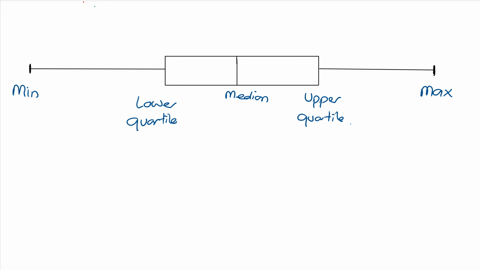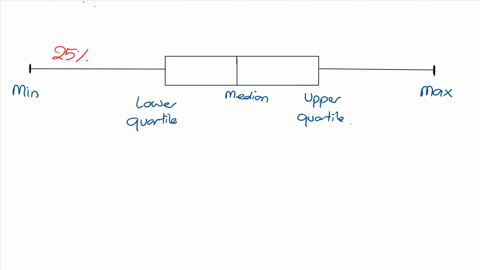In the box and whisker plot, from the minimum to the maximum, that is 100% of our data. All our data is in this box and whisker plot. Every single data point that we've collected or we're analyzing is in this box plot. So between the minimum and the lower quartile, that line represents 25% of our data.